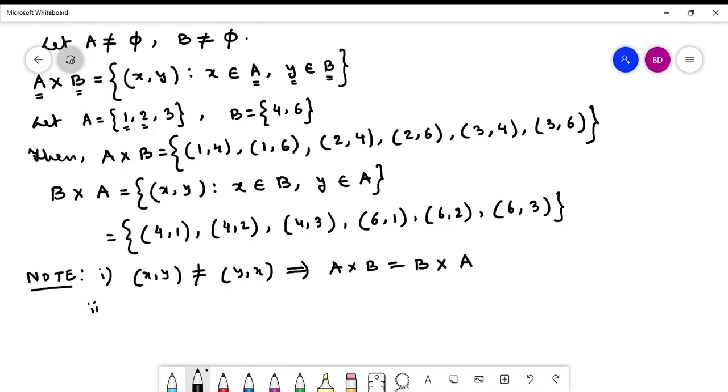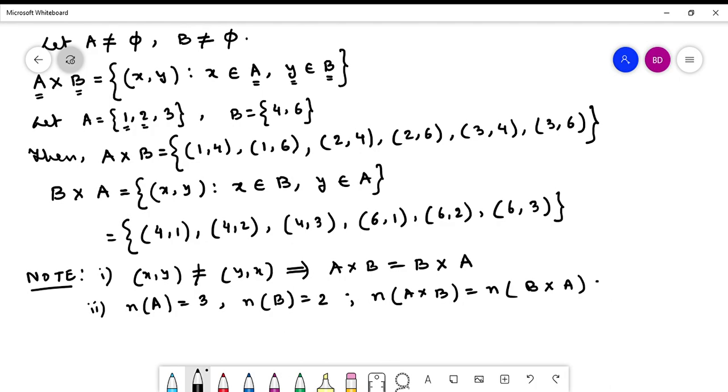Second point that we notice, if number of elements over here, what do we see? Number of elements in A is 3. Number of elements in the set B is 2. And we see number of elements, that is the cardinality of A cross B as well as B cross A is, over here you see A cross B, number of elements of A into number of elements of B, that is 3 into 2.